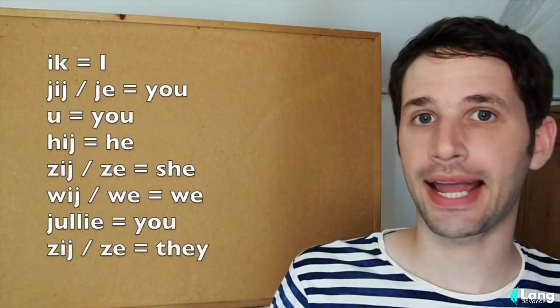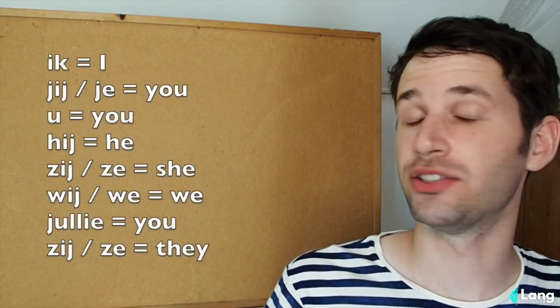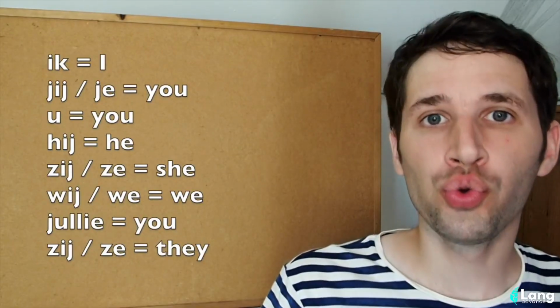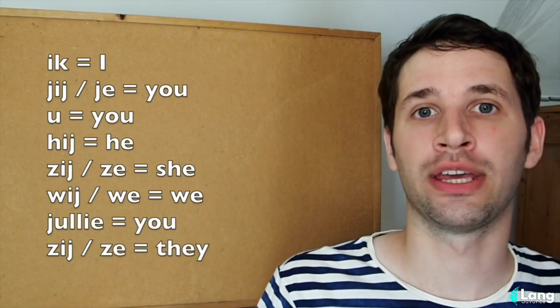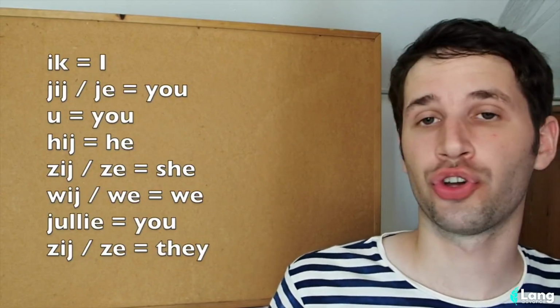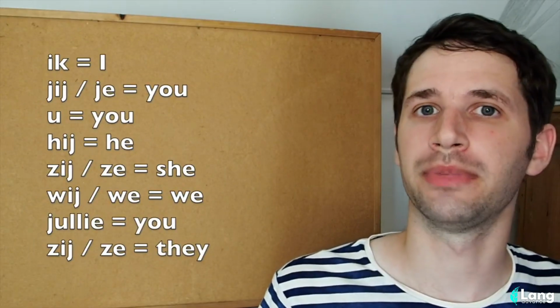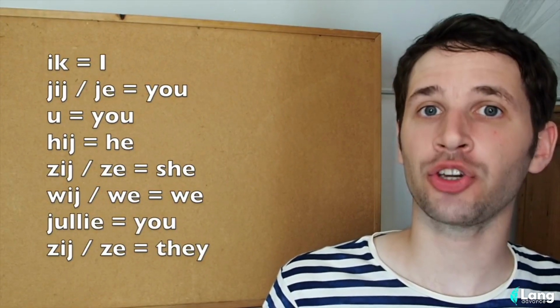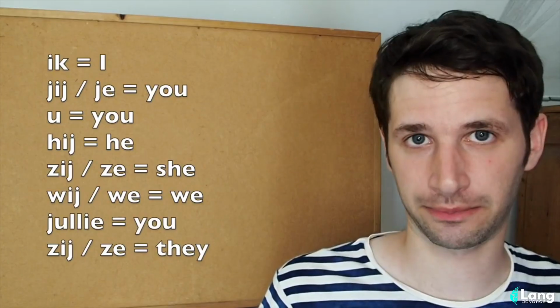So, ik is I, jij or je is you, u is you, hij means he, zij or ze means she, wij or we means we, jullie means you, and zij or ze means they.